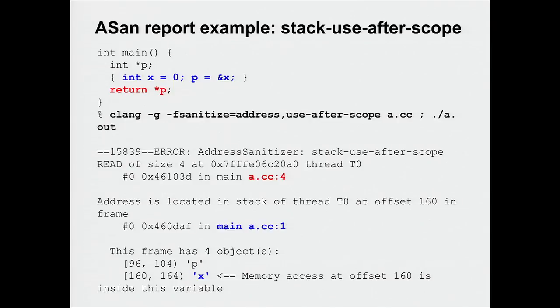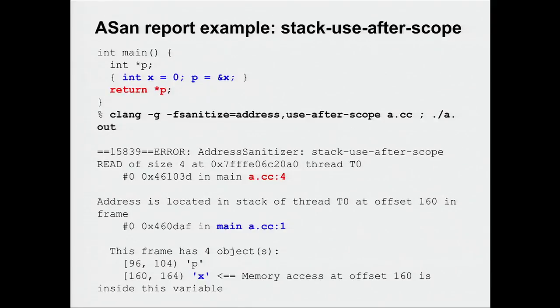We find this type of error especially interesting because the code may work fine when you access the variables after they go out of scope, as long as your compiler is stupid enough. Because if your compiler is smart and you do optimizations, it may decide to reuse the same stack slot for multiple variables which have non-overlapping scopes. And then suddenly you're in trouble, and this is hard to debug. So it would be good to catch this beforehand with use after scope.